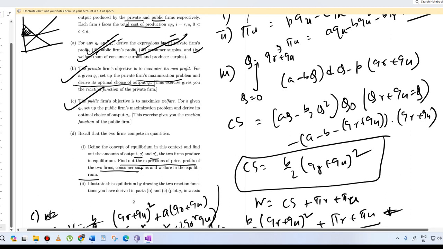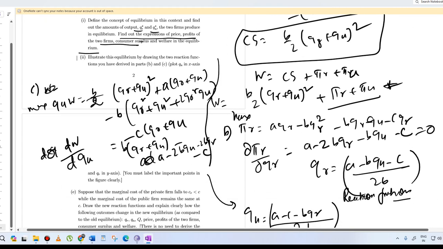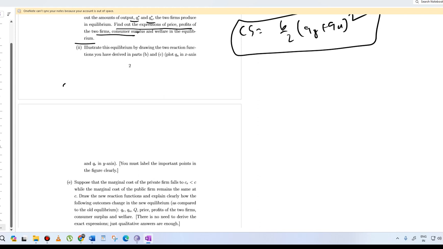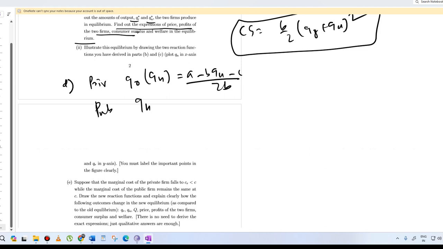Okay, so for the private and public firm, if we just proceed: for private, QR is equal to (A minus B QU minus C) by 2B, and for public, QU is (A minus C minus B QR) by 2B.